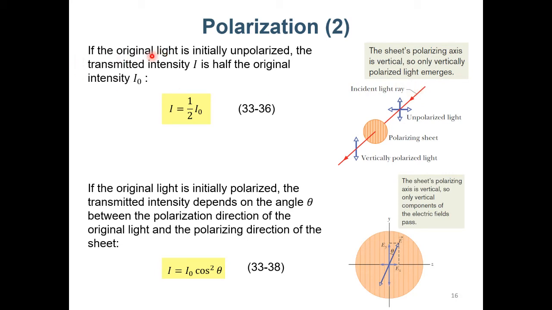If the original light is initially unpolarized, the transmitted intensity I is half the original intensity, I0.